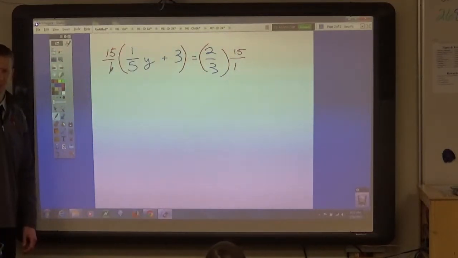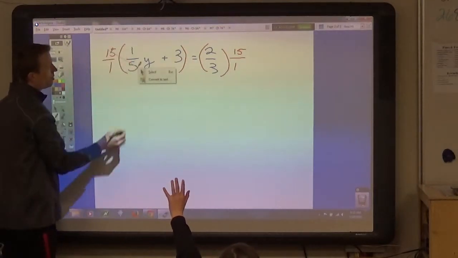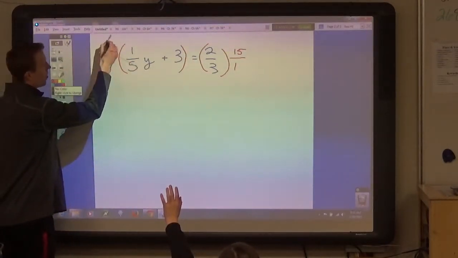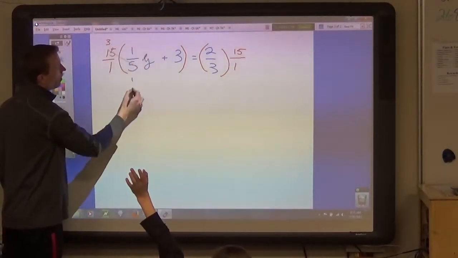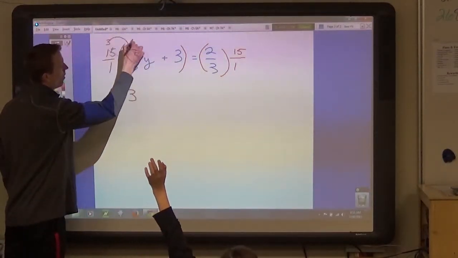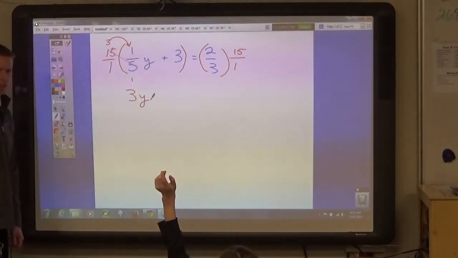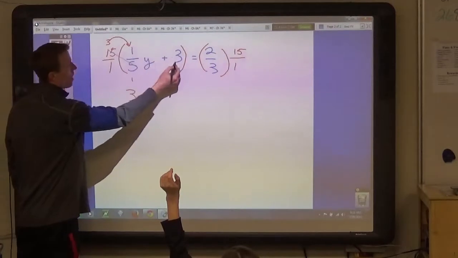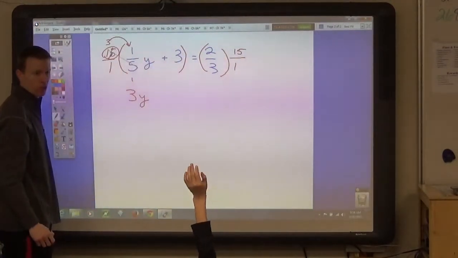Okay. Now, we can reduce this one to 3 and 1. So that is 3 times 1, which is 3y. Now, when we multiply it by the 3, we have to go back to the 15 to do that.